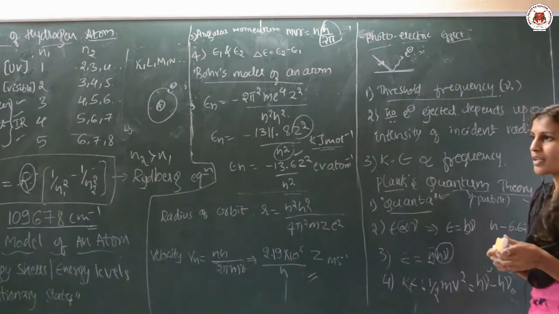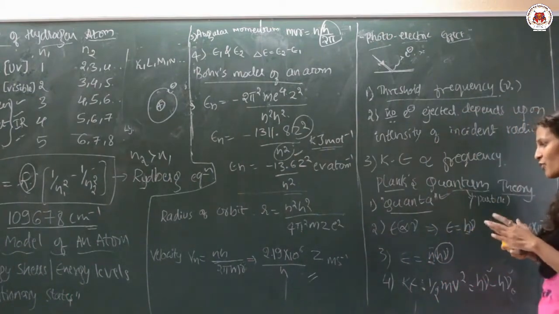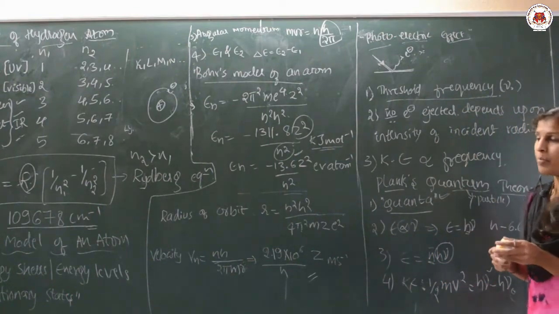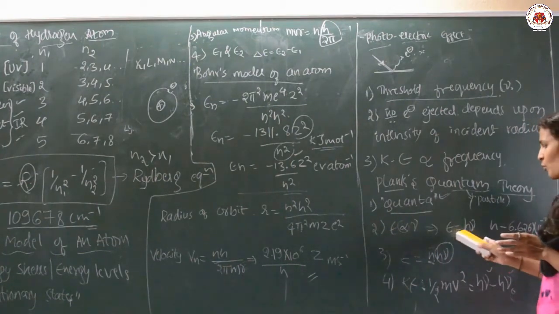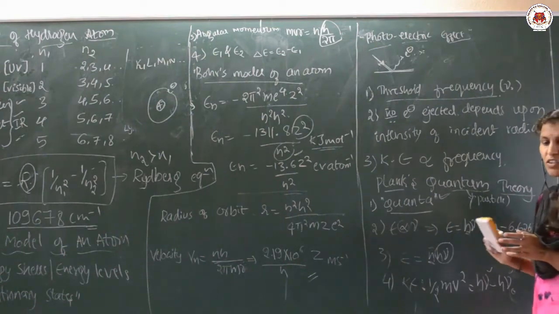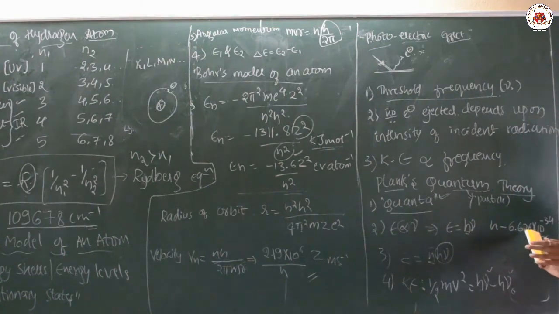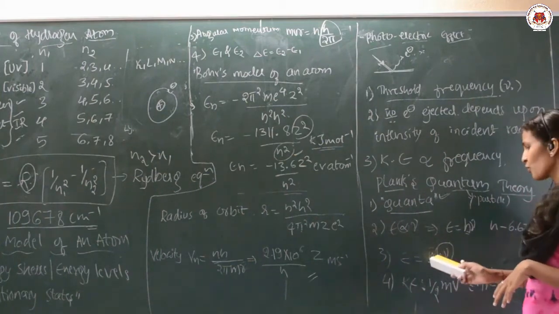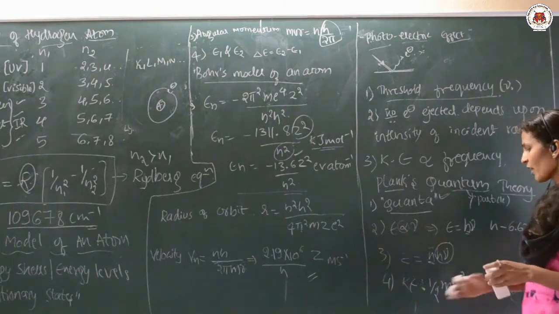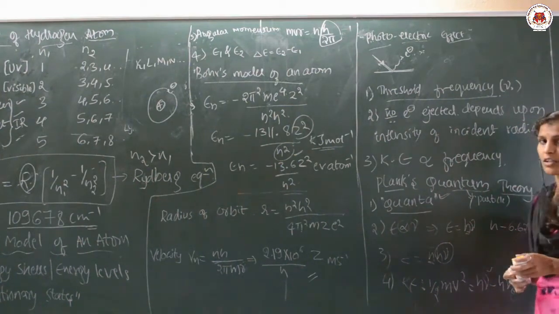First one is the energy emitted or absorbed discontinuously in the form of small packets of energy called quanta, and energy is directly proportional to the frequency, and this is replaced by one more constant h, called Planck's constant, whose value is 6.626 into 10 to the power minus 34 joule-seconds, and energy is always an integral multiple of the h nu quantity. And finally kinetic energy is equal to h nu minus h nu naught.